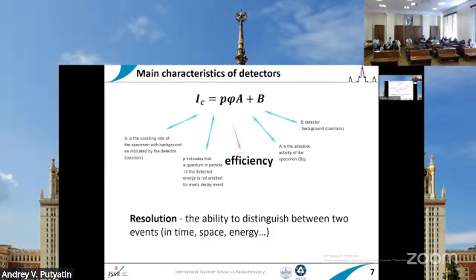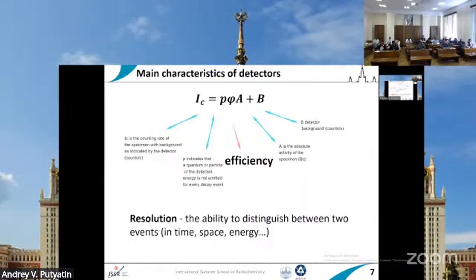For example, if the resolution time is 10 microseconds, and after 1 microsecond a second particle comes to the detector, it will not be detected because the detector is still in a non-steady state. It cannot detect the next particle. Sometimes we call it the dead time of the detector.